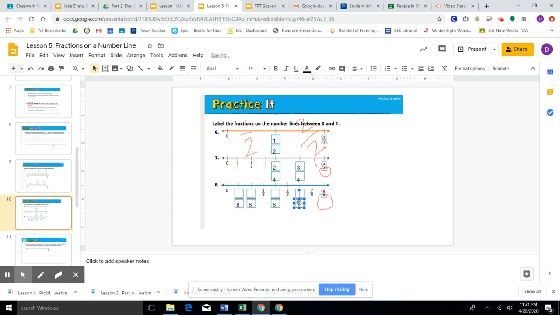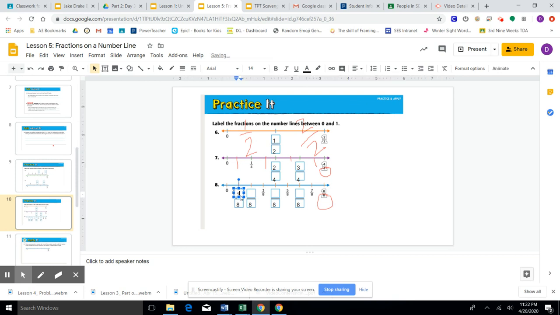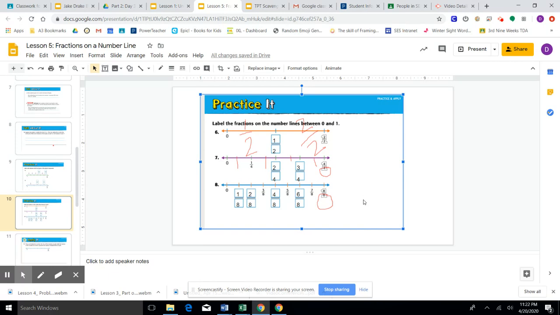Then I started at 0, so I know that this tick mark would be 1/8, 2/8, 3/8, 4/8, 5/8, 6/8, 7/8, and then 8/8, which is 1 whole.